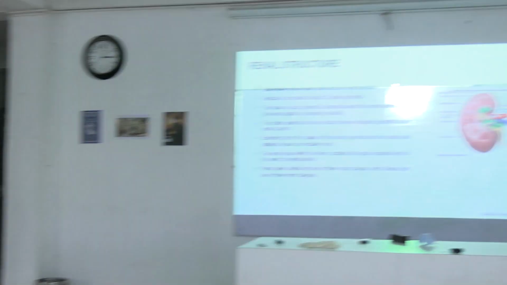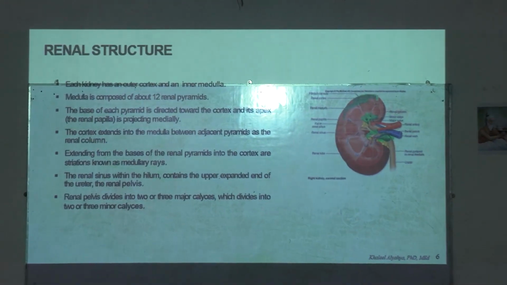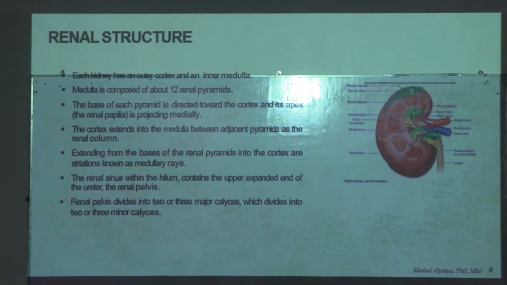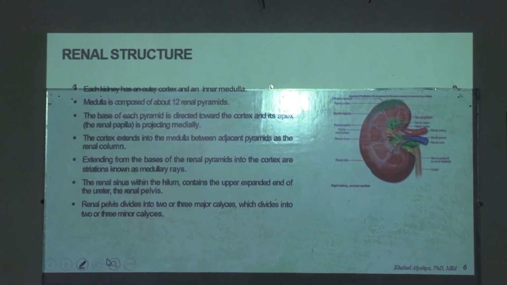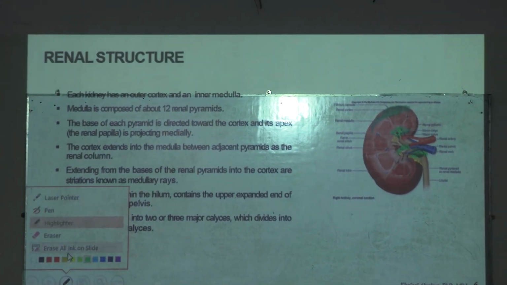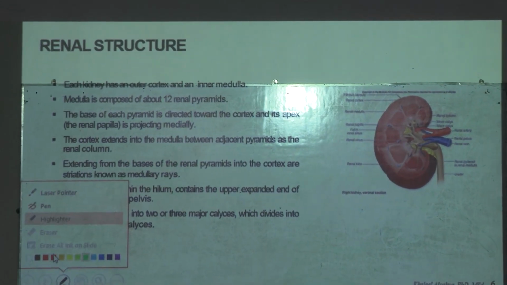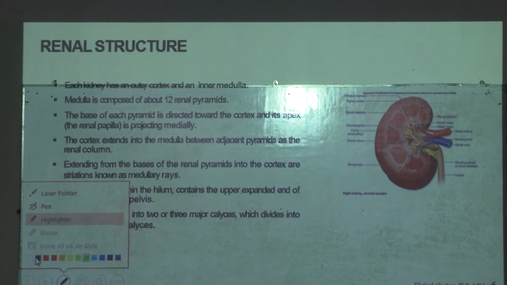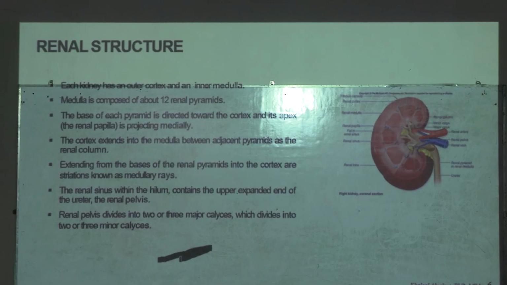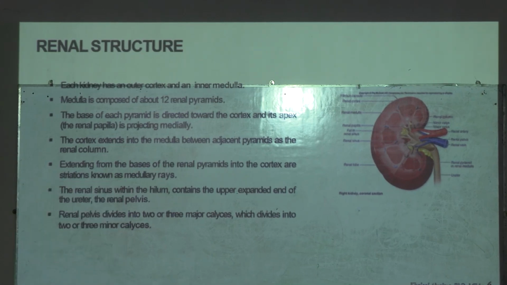Now this cortex, we know the nephrons. What are nephrons? They are structural and functional units of the kidney. And these nephrons we can find at the cortex. Most of the nephrons are localized in the cortex.